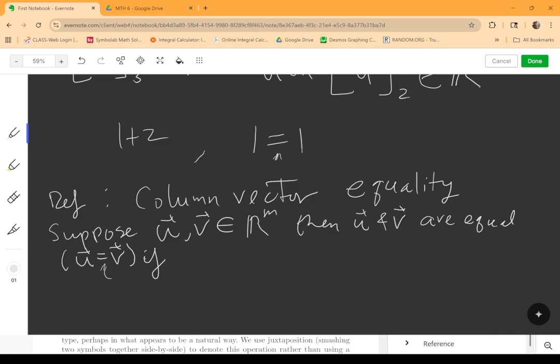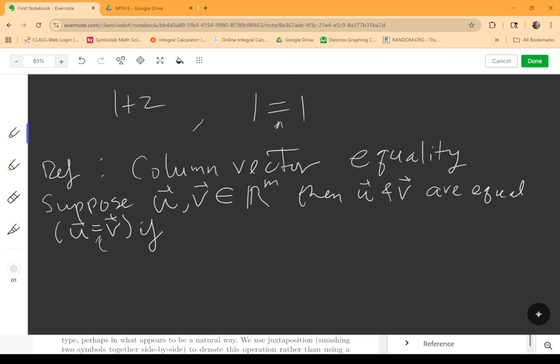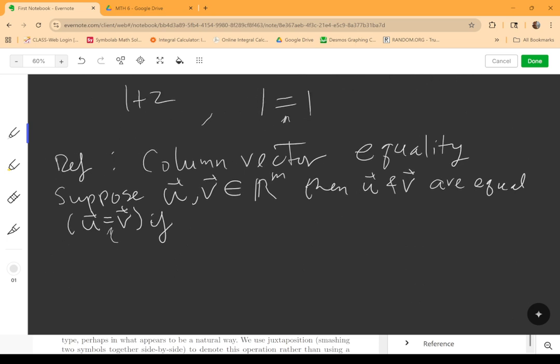If you've ever done any programming, we have this idea of overloading an operator, and that's kind of what we're doing here. You have to pay attention to all the details. So when we say equality of vectors, what does that mean? Well, this is what it means, and it comes from the definition up here.